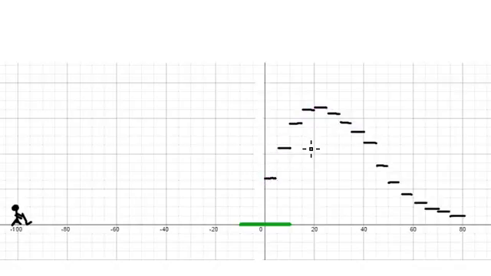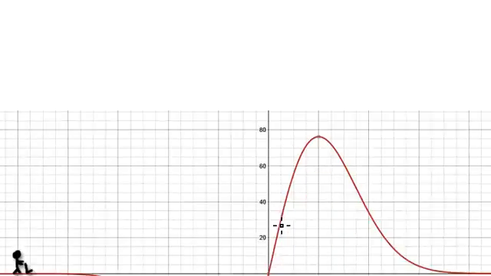Rather than looking at it in segments of 5, so from here to here is 5, and from here to here is 5 to 10, if we keep on decreasing it, eventually it would give us a continuous representation. It would give us something like this.